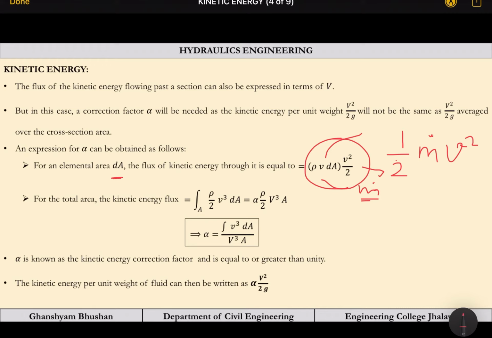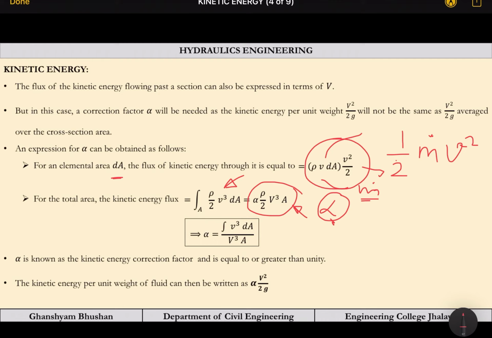For the total kinetic energy flux, it will be rho by 2 v cube dA, but it will be multiplied by alpha because this is not the correct one. So alpha will be applied to the incorrect one. So the correct one is going to come from this value, that will be the integral of rho by 2 v cube dA.